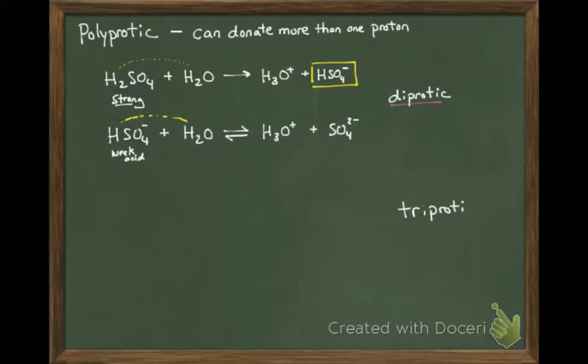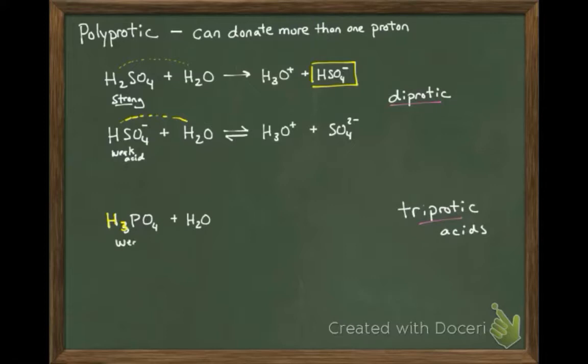Triprotic acids. A common example is phosphoric acid, H3PO4. It has 3 ionizable protons, ionizable hydrogens that can be transferred as protons, and so in the first step of this reaction with H2O, we'll show 1 hydrogen being transferred at a time.